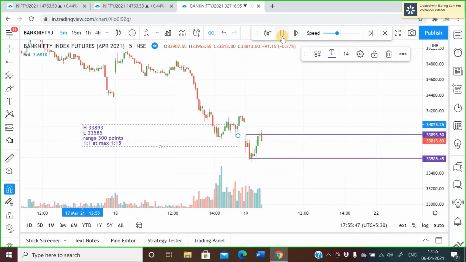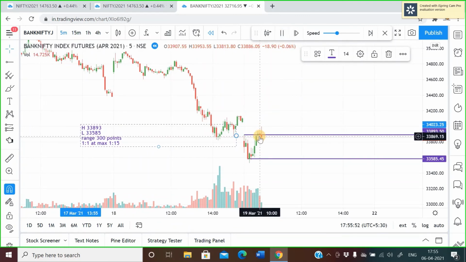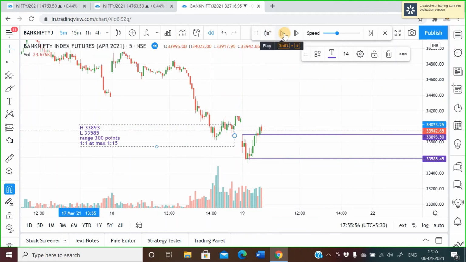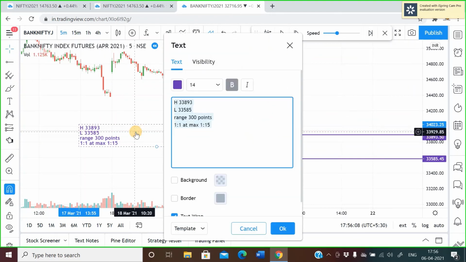I think this is the first close. I'm just pausing it here. This is the first close that has happened above our range, at 33,995. So mechanically, I'll be entering a long trade at 33,995.